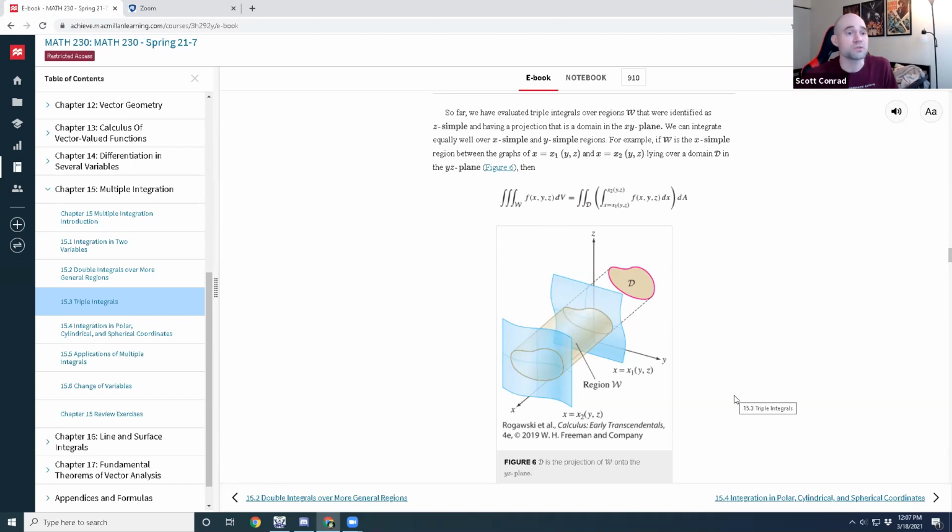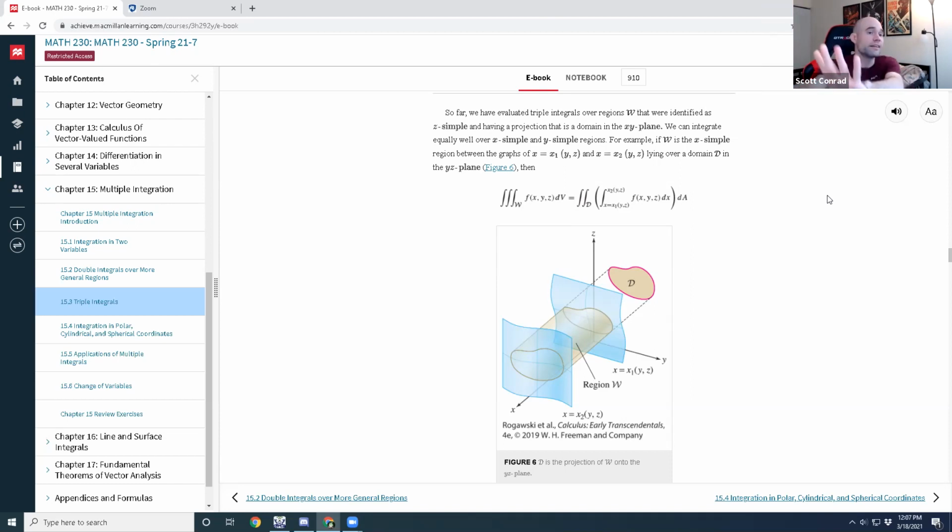And the way we integrate those is the same. It's always the variable bounded by functions of the other two variables that we integrate with respect to first. So if we treat it as x simple, we integrate with respect to x first. Y simple, we integrate with respect to y first. Z simple, we integrate with respect to z first.